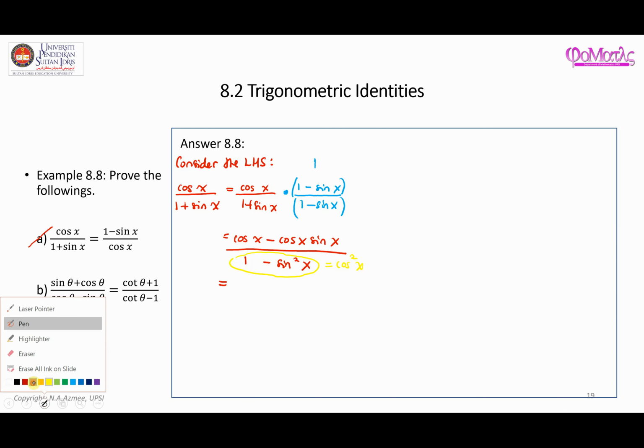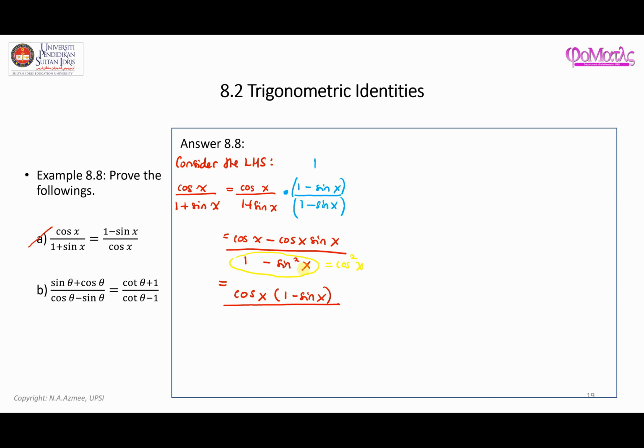So now I'm going to write down what we have here. On the top part, I think what we can do is factor the cosine of x. So I'm going to factor that out. So I have cosine of x times 1 minus sine of x over cosine of x squared, so I can write it down as such.